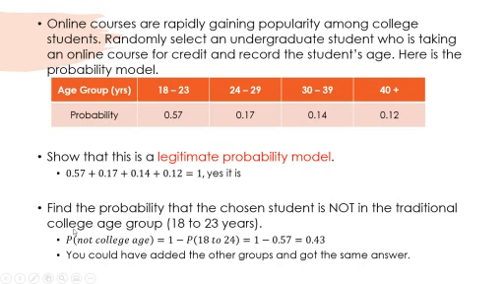Or, like this first one down here, the probability of not college age would be 1 minus the probability that they are college age. So it would be the complement of college age. Since college age is 0.57, we would go the opposite, which would be 1 minus 0.57, which is 0.43. So both methods will work.